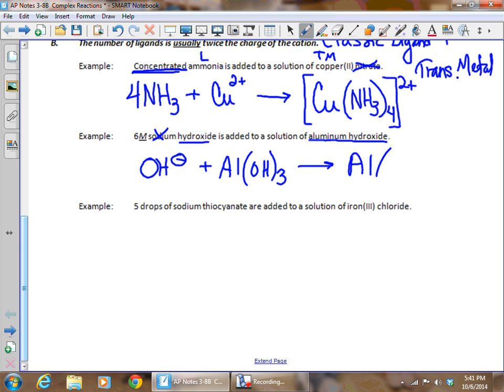Aluminum's a +3, so we'll end up with that OH6. And remember, keeping track of the charge, 3+ for aluminum, 6 negatives for the hydroxide. So overall, this is going to be a 3-. Don't forget to add on the hydroxides.